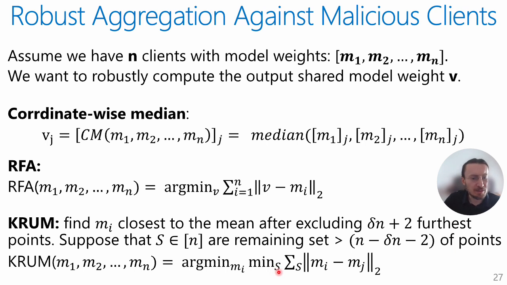And we want to choose this subset of clients S of specific size that gives us the smallest value of the weights, so that we can return this weight. So this is kind of like the median weight. We can think about it in this way, from all the weights that are provided by the collaborating clients.